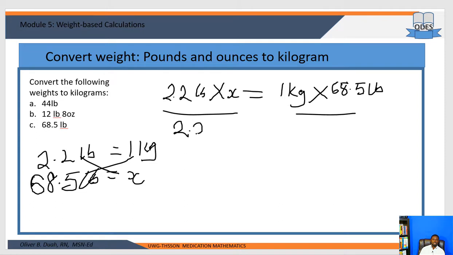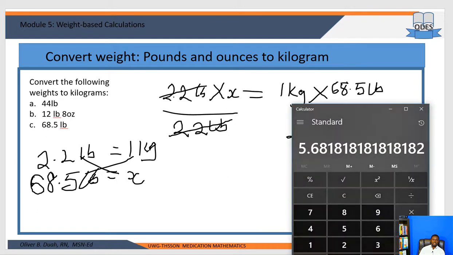So 2.2 pounds and then 2.2 pounds. So 2.2 pounds will cancel 2.2 pounds. And now we have X is equal to 1 kilogram times 68.5 pounds divided by 2.2. So let's do our division.